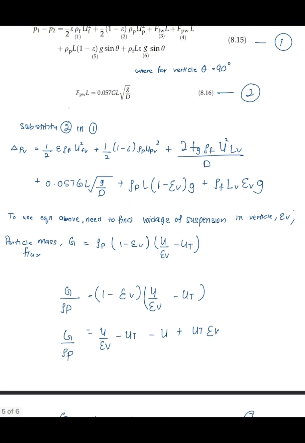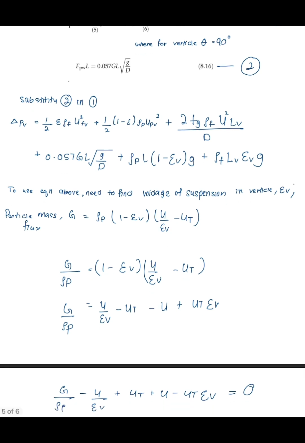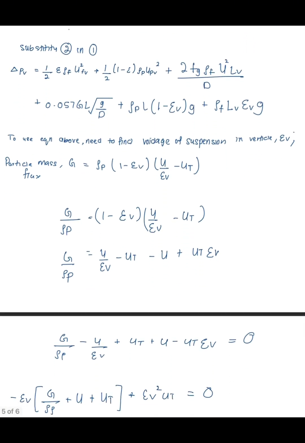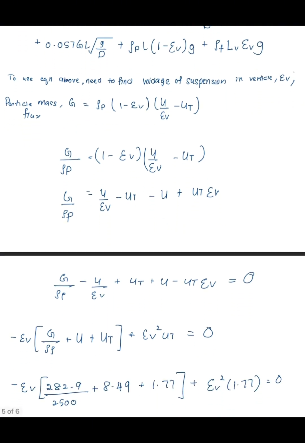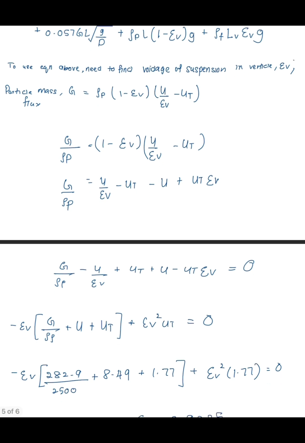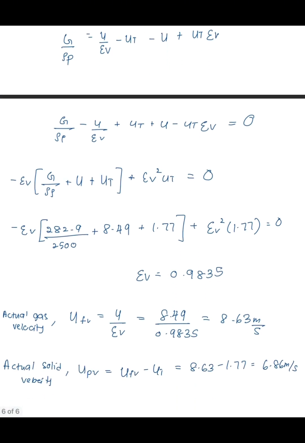To use the equation above, we need to find the voidage of suspension in the vertical section. To find it, we will use the equation of particle mass flux and calculate it using simultaneous equations, and at the end we get the voidage of suspension, which is 0.9835.